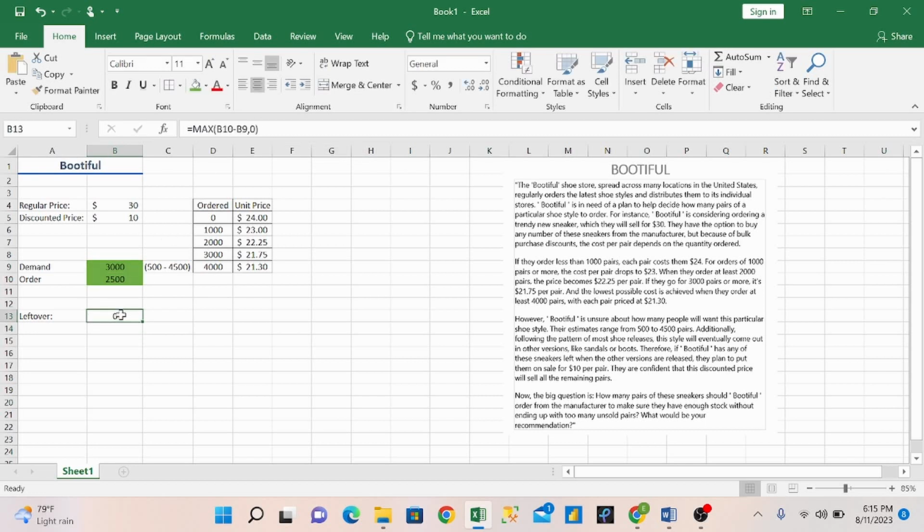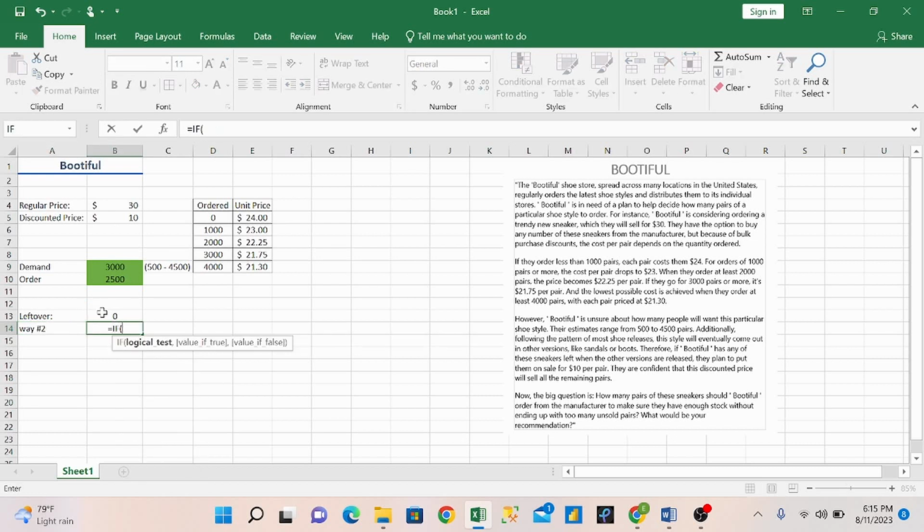What this is saying is if this calculation is going to be negative, return 0 instead. Another way, number 2, is to use the IF: if demand is greater than my order, return 0. If it is false, I take the difference between the two.